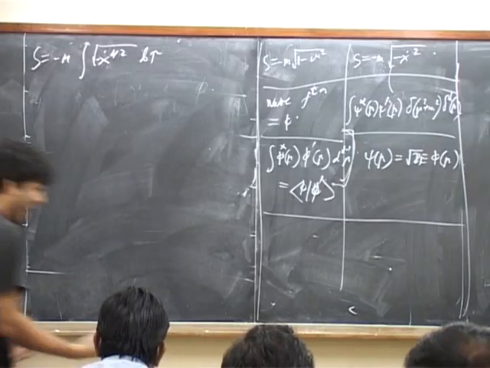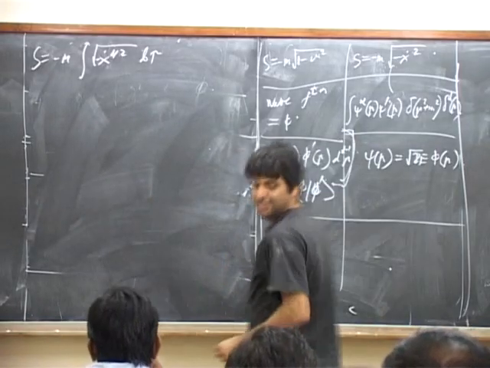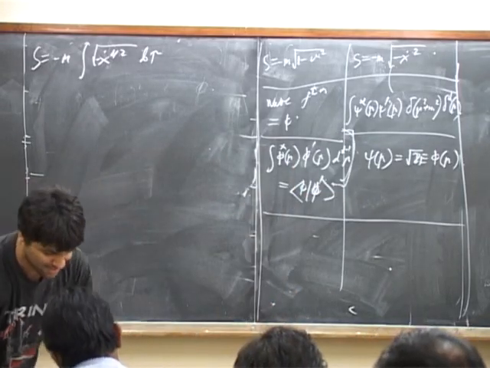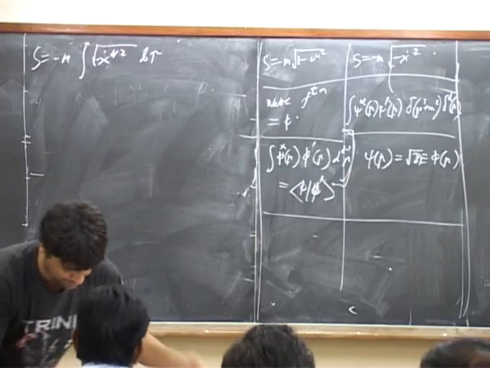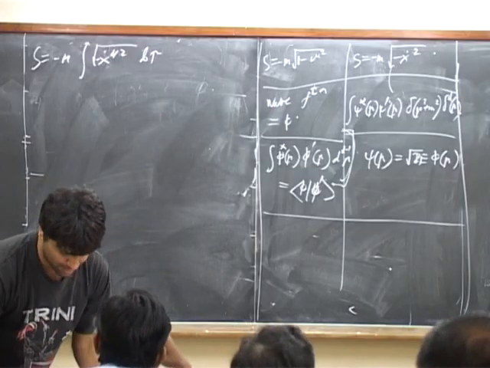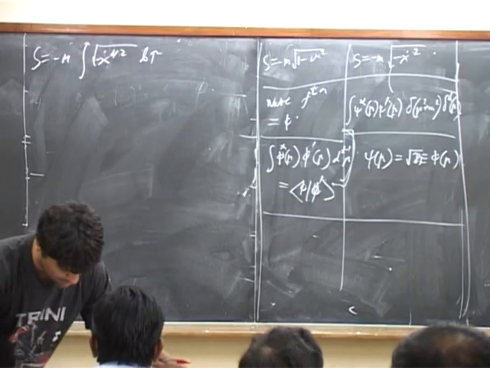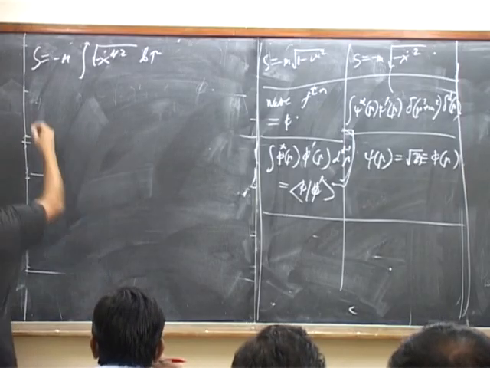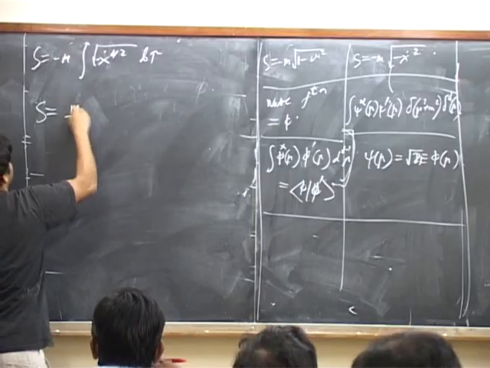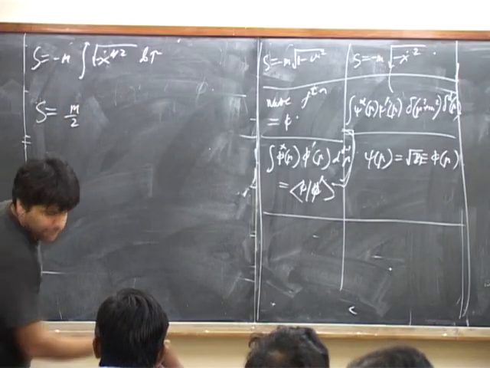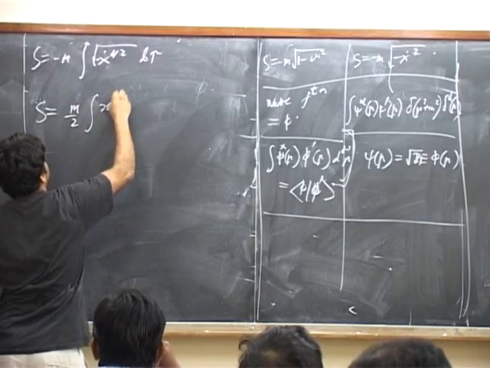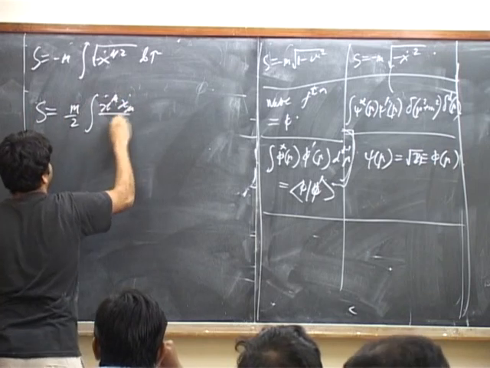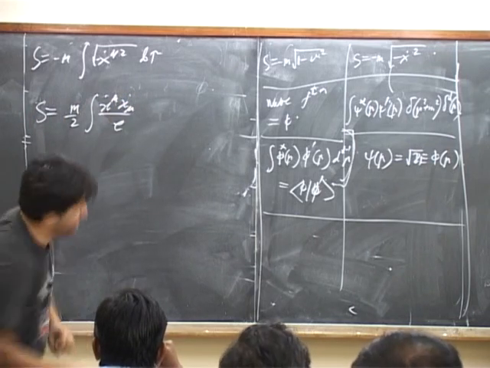Answer: yes, and let me do it. I'm going to have to look up the signs. Suppose you consider the following: S is equal to m over 2 times the integral of x mu dot squared over e minus e.